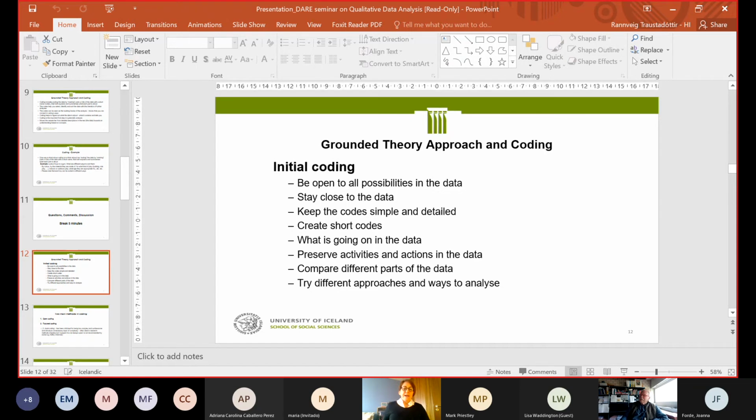Well, I think for beginners in qualitative research, it's incredibly important to both transcribe and code by hand and not through any kind of programs. I think it's really important that you get a grasp of your data that way.